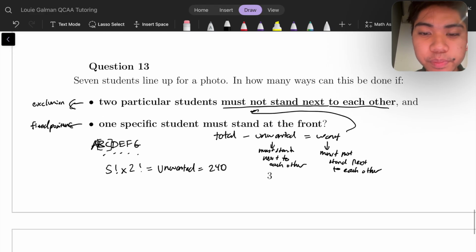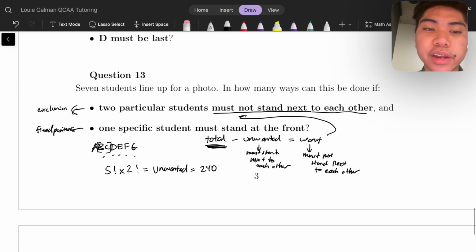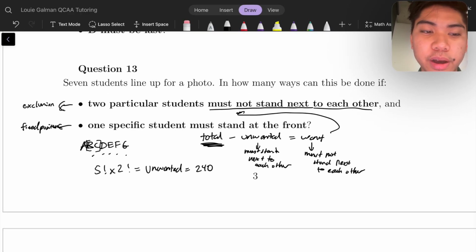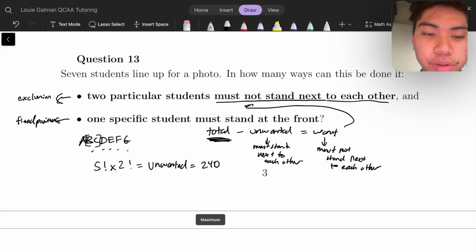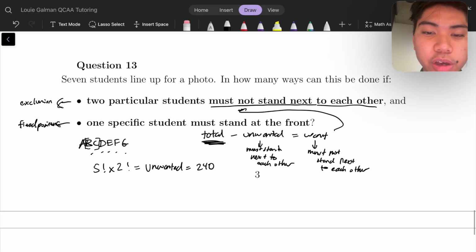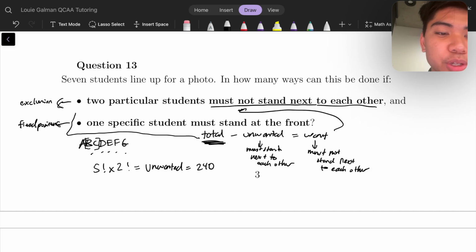Now the total, always take it as if there were no restrictions. Well, I guess we can only take the total after we do the fixed position, sorry.